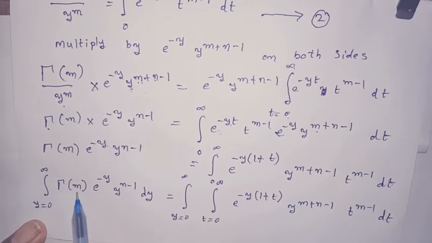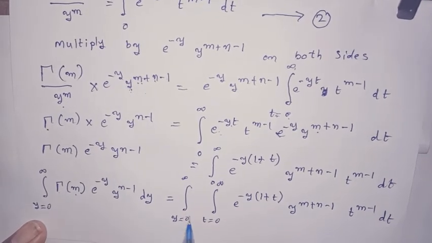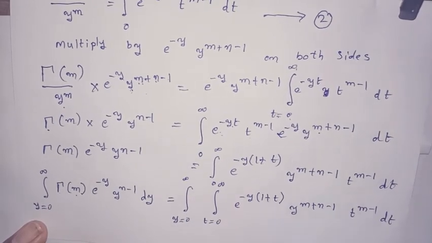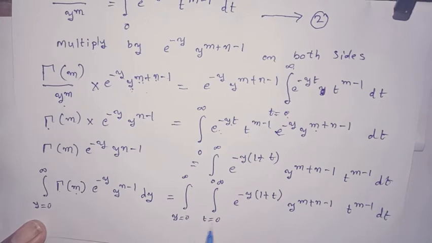Here gamma of m is a constant. Now let us interchange the integration, that is, change the order of integration.